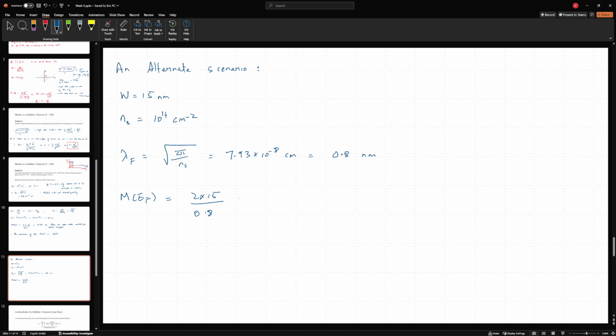That will come out to be 37.5, so 37 modes are present.